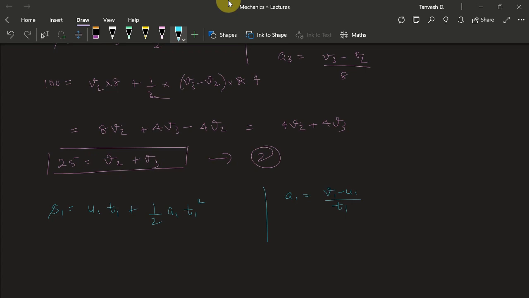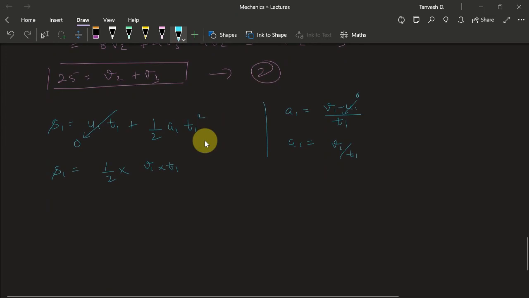So u1 is obviously 0, this is 0, so a1 is equal to v1 by t1. S1 is equal to half, a1 is v1 by t1, into t1 square, which is v1 into t1. So S1 I get as equal to v1 t1 by 2. Fine.